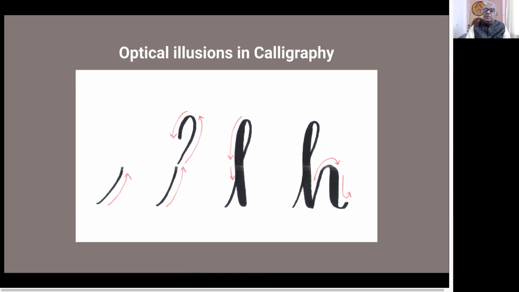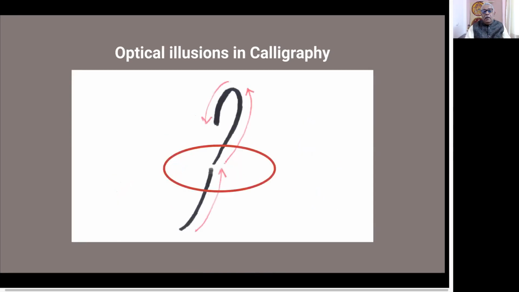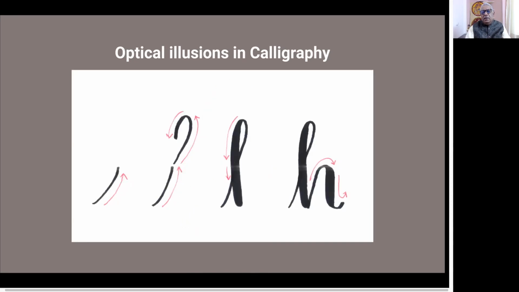But lots of calligraphers, especially in brush pen calligraphy, do a lot of this kind of optical corrections. So this conscious decision is what I would like to focus on in optical illusion in calligraphy. This is done in so many other characters whenever we do brush lettering.